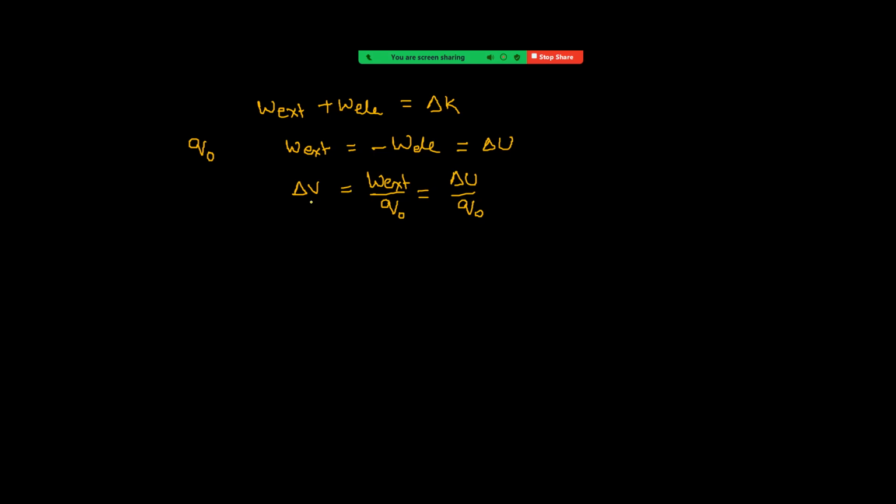I am repeating, change in potential is equal to work done by external force upon charge, or you can say per unit charge. If Q naught is equal to 1, work done by external force is equal to delta V, right? Otherwise delta V equals delta U by Q naught. So potential difference is equal to change in potential energy per unit charge.